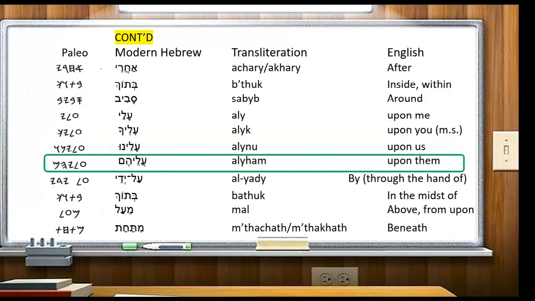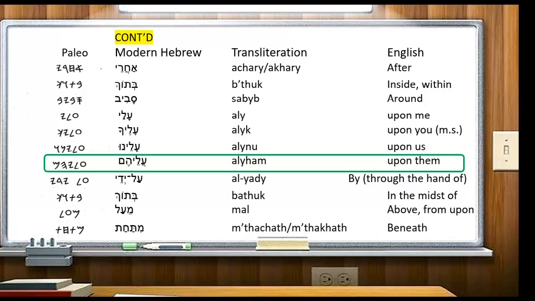Remember the word ali coming from upon me. You will observe there is a trend of ali appearing in all these words. So ali ham, upon them, ali ham.